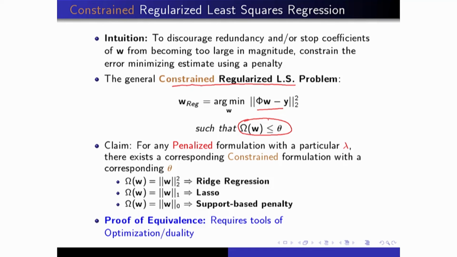Now it turns out that for a choice of theta there will be a corresponding lambda, and for a lambda there will be a corresponding theta, such that you get the exact same solutions. But this proof of equivalence requires tools of optimization and duality, and in subsequent lectures we'll post this as a practice problem.